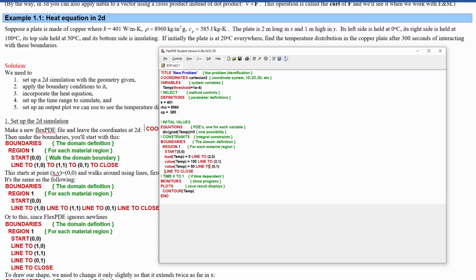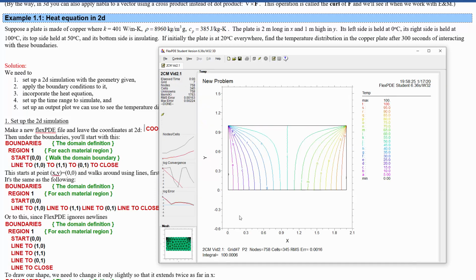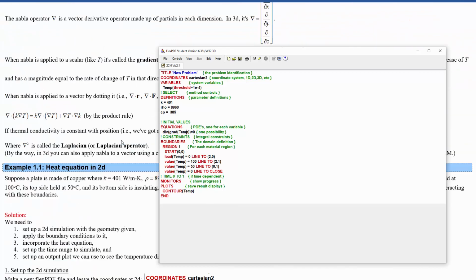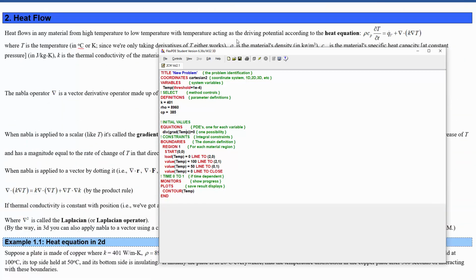And then for the last one, down the left side from 0,1 to close, which is the start position 0,0, we need the value of the temperature is equal to 0. So this is actually going to solve the boundary values that we put in for a steady state version of the problem, which, if you consider the heat equation, actually is what you would get if we've waited long enough so that the temperature has stopped changing.